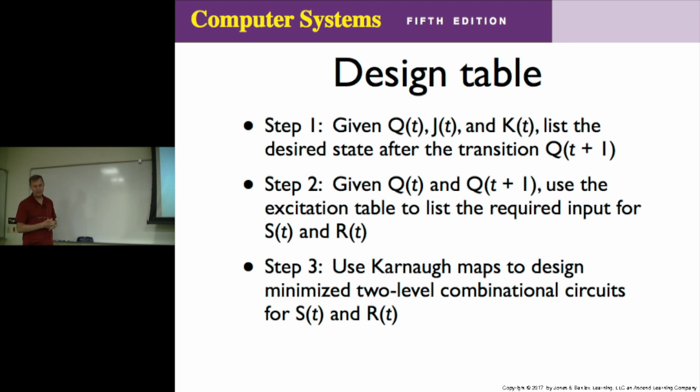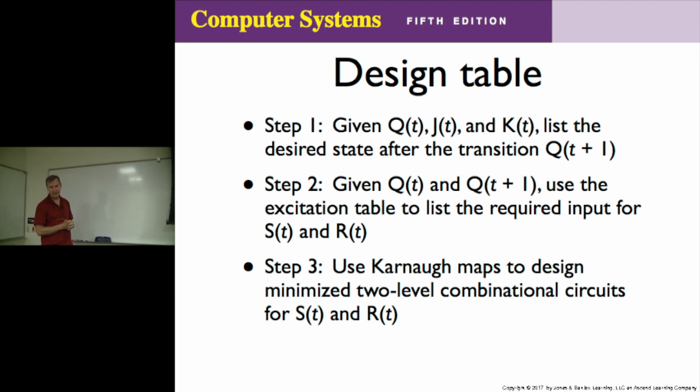Well, we have a little step 1, step 2, step 3 bullet point chart here that outlines our task. Step 1, given Q at time t, J at time t, and K at time t, list the desired state after the transition, Q at time t plus 1.